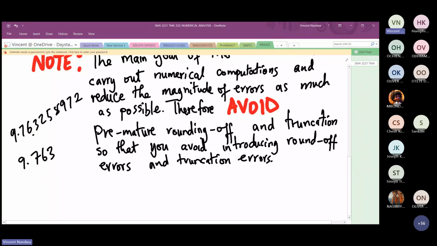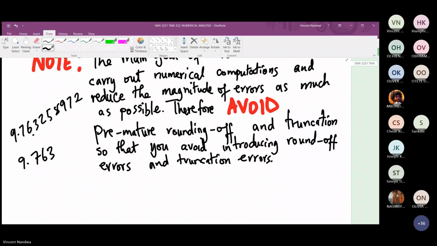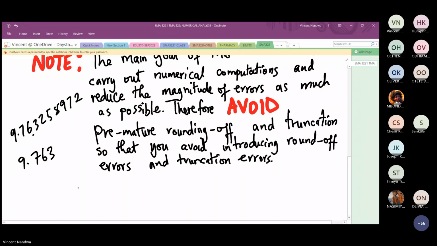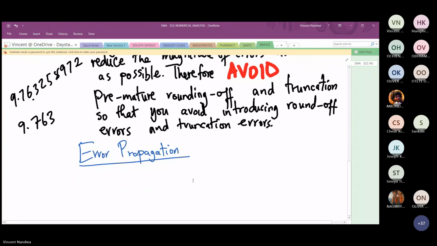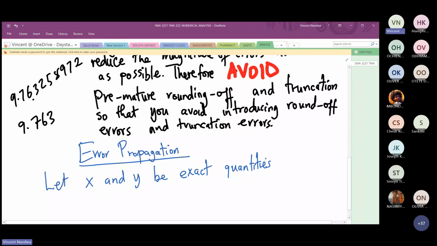So propagation of errors. Error propagation. Let X and Y be exact quantities, so exact or true or actual quantities.